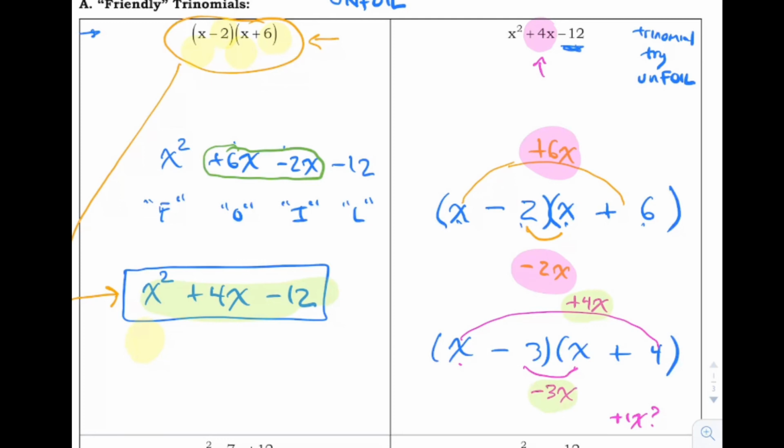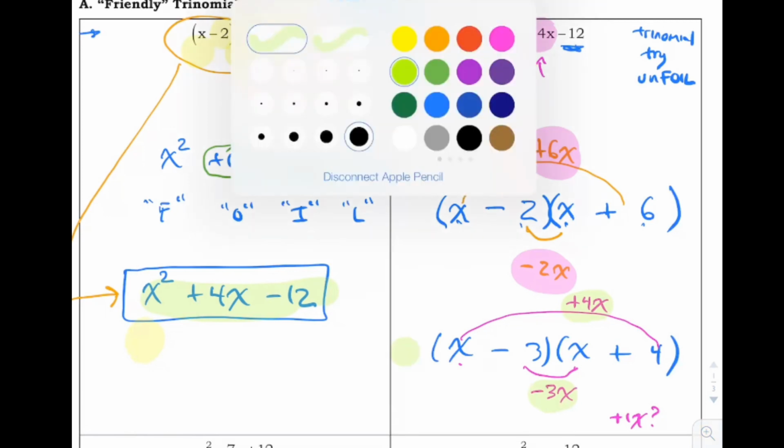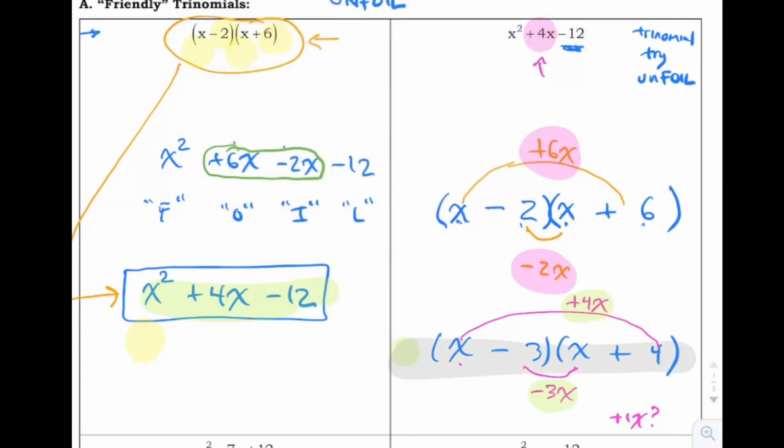So what happens if you innocently tried negative 3 and 4 yourself, because you said, hey, I need negative 12, I'll just do negative 3 times 4? Well, you set it up just like we set it up here, and then you have to do this checking of the products.